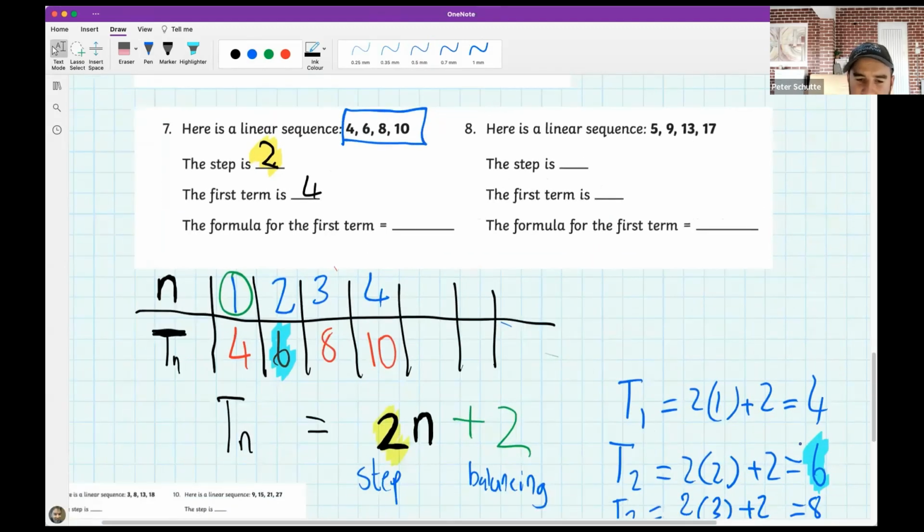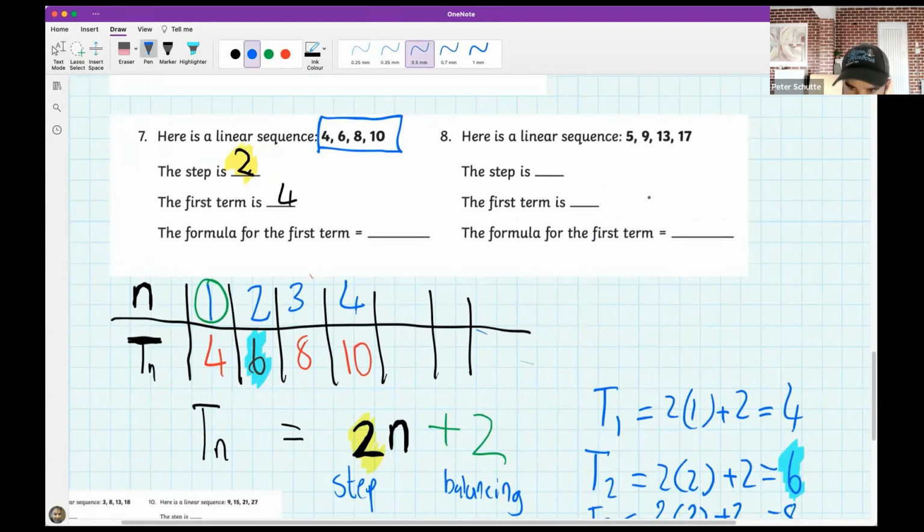Now, it's quite a complicated idea the first time you see this, but I want you to try and do number 8, just mimicking what I just did. The answer for number 7, the formula for the general term, is going to be this.